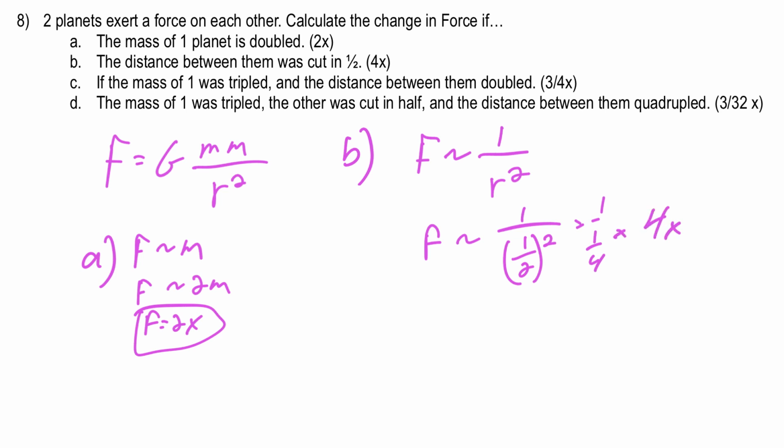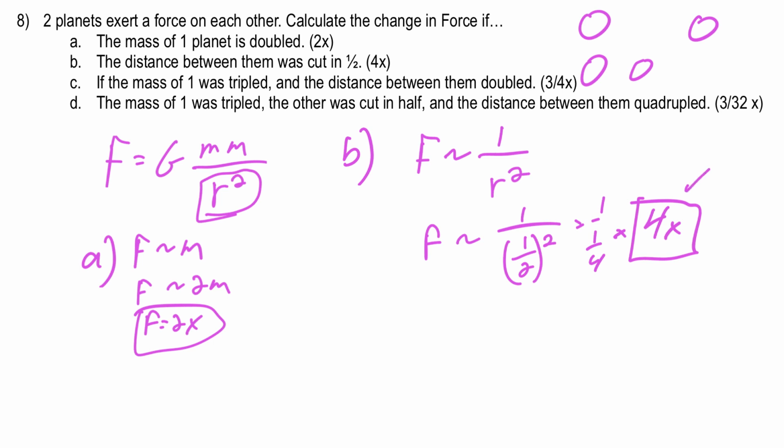Now sometimes you just want to think about it conceptually. I mean, you definitely kind of have to do the math, but you think about it conceptually. Like if they're closer, so here's like part A, they're far away. If they're closer, you know it's going to be stronger, right? And since the radius is squared, if you cut it in half, it's going to essentially be 2 squared times larger, or 4 times.